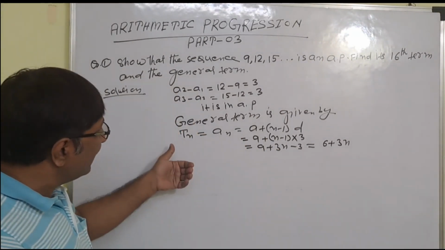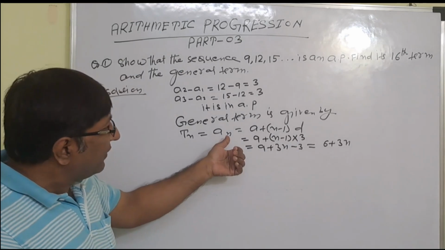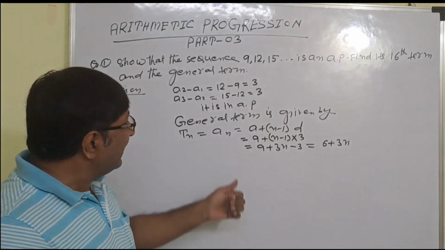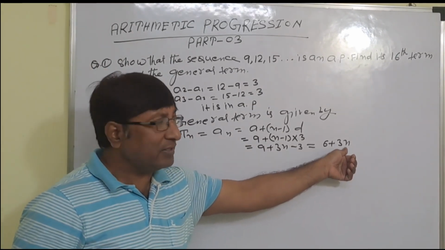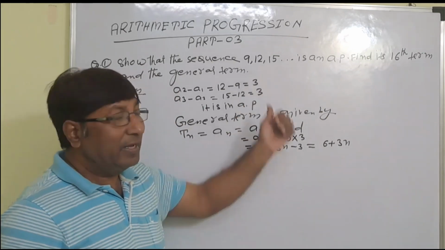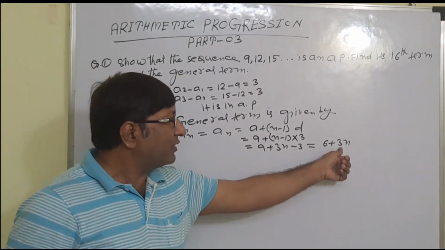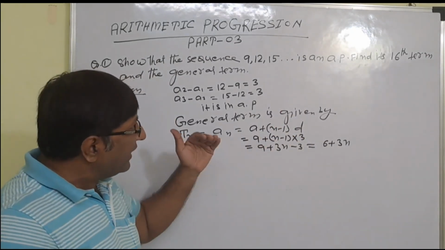This is the general term of this sequence. If we want the first term A1, then 6 plus 3 is 9. If we need the second term A2, 6 plus 3 into 2, 6 and 6 is 12. In the same way, the third term A3: 6 plus 3 into 3, 9, 6 and 9 is 15. So we can find any term.